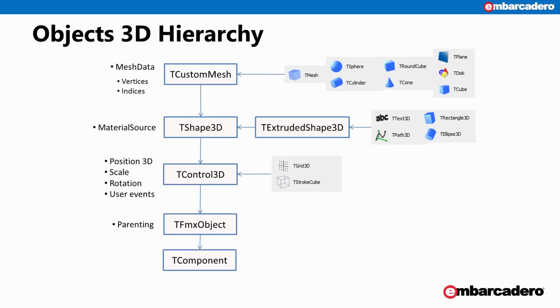And then we go into the TControl3D class that derives from TFmxObject, and this is a base class that provides basic functionality specific to a 3D application. So this class introduces properties like position in a 3D space, scaling, rotation, also user events, so you can click on objects, you can double click on objects, and then there are some direct descendants from TControl3D, like TGrid3D or TStrokeCube.